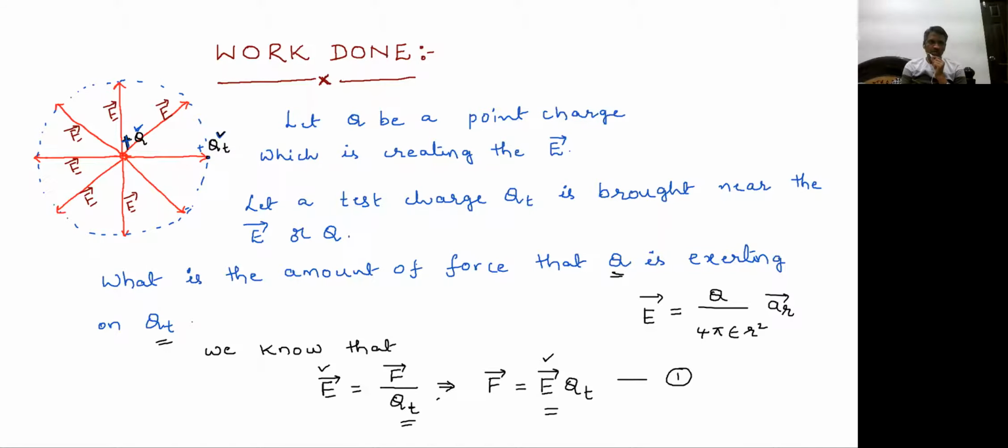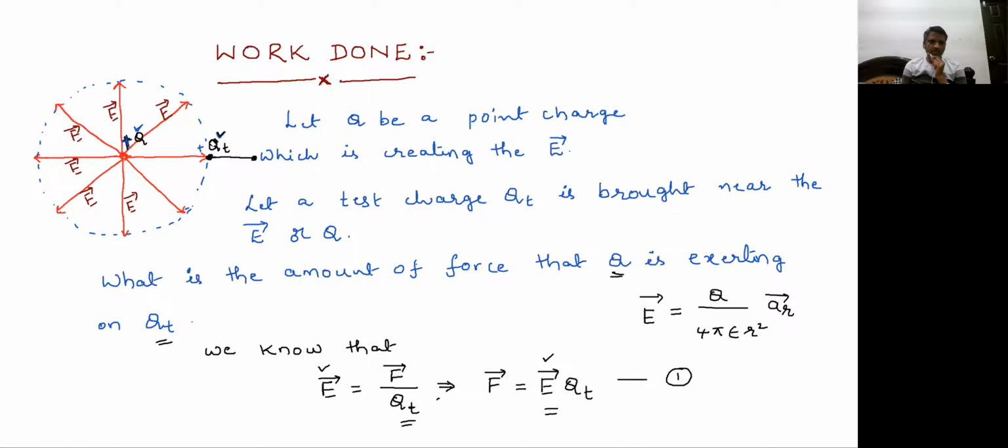So here I'll just extend this particular line a little bit. Let us call this the new position of the point charge. Now we can say this test charge is no more here.